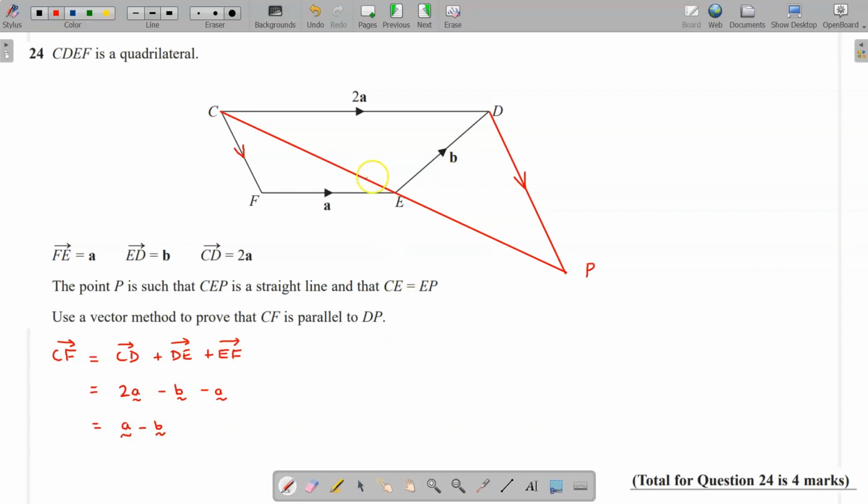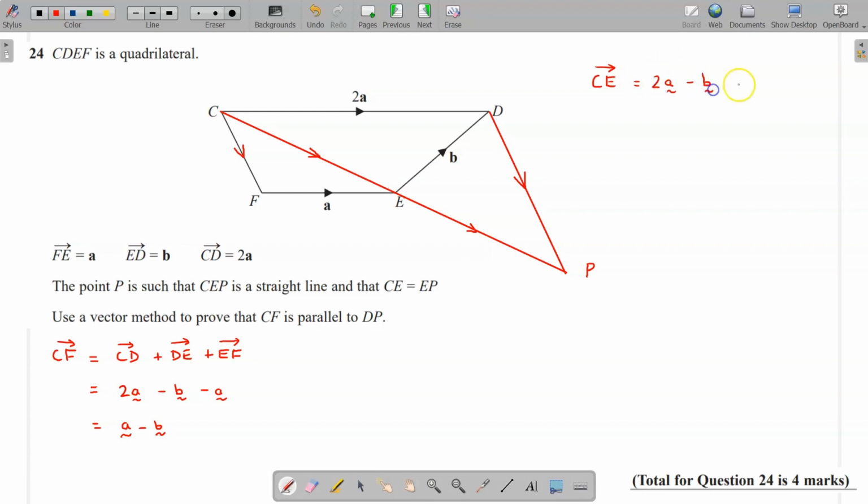Now, I'm just going to do something about the vector CE and the vector EP. I'm just going to put those two vectors in. Now, CE is going to be equal to 2A minus B, 2A minus B. That's quite simple to see.